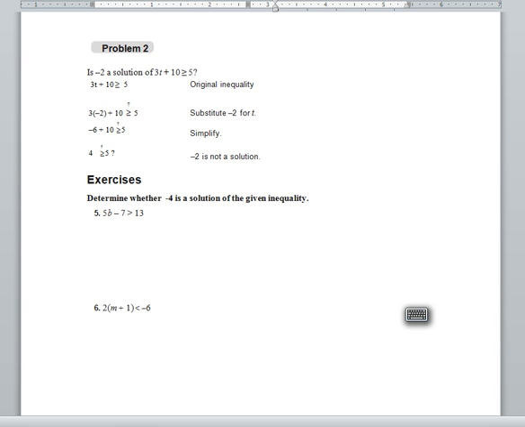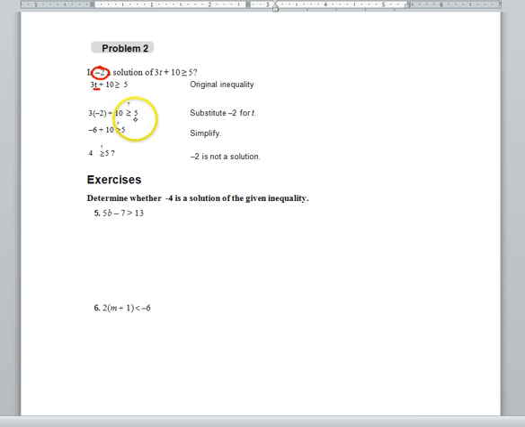The next type of problem that you're going to see is going to be a question like this. Is negative 2 a solution of 3t plus 10 is greater than or equal to 5? In order to answer this question, we need to substitute negative 2 for t. So right here, the negative 2 is going to replace the t. 3 times negative 2 plus 10 is greater than or equal to 5.